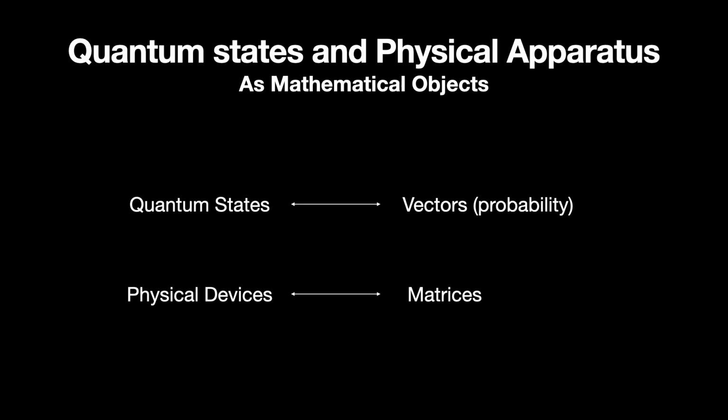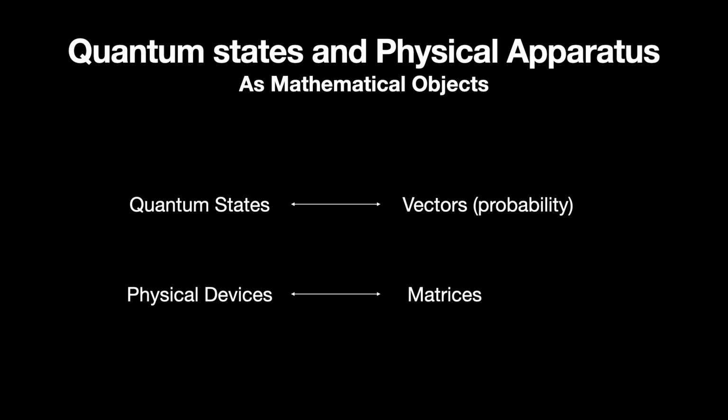So the question for us is, what is the right mathematical object with which we can represent the quantum states and the physical apparatus with which we've been doing these transformations or bringing about these changes to the quantum states, so that we are best able to capture the observations from the kind of quantum experiment that we've been doing.